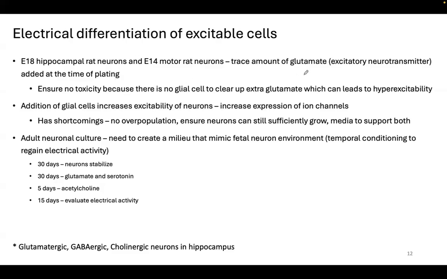But you don't want too much glutamate because there are no astrocytes, those glial cells, to clear up the extra glutamate. If glutamate stays there for a long time, since this is an excitatory neurotransmitter, it causes hyperexcitability of neurons.